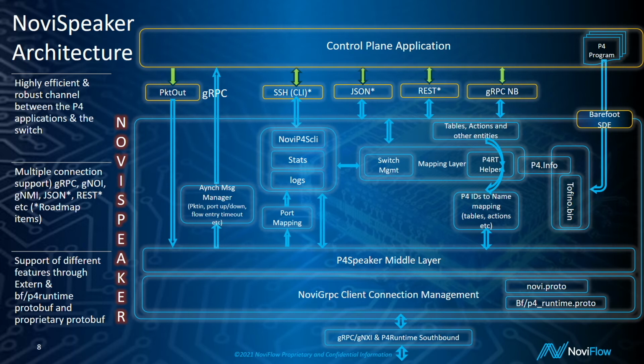So it's a highly complex module there. We also have CLI support in this NoviSpeaker, where the user can log in and check the status or logs of the NoviSpeaker, especially for debugging purposes.